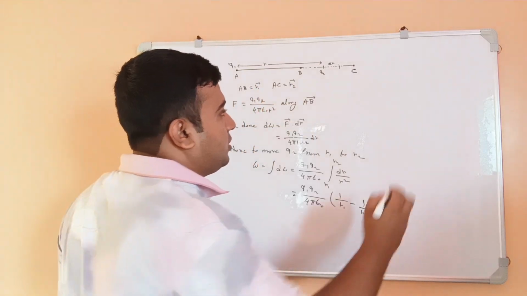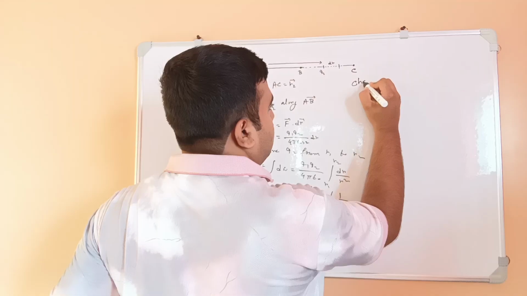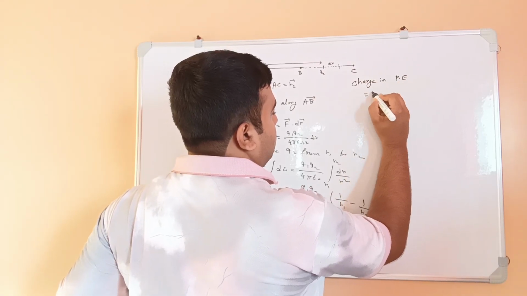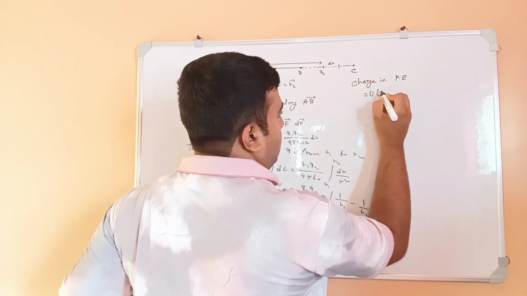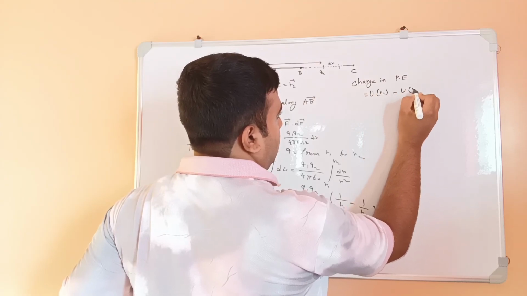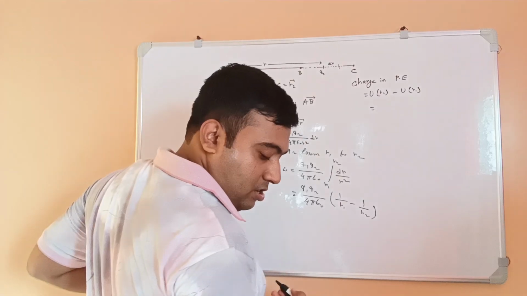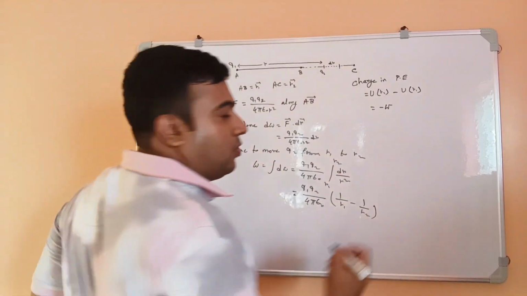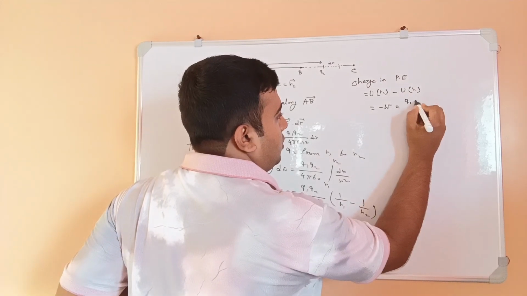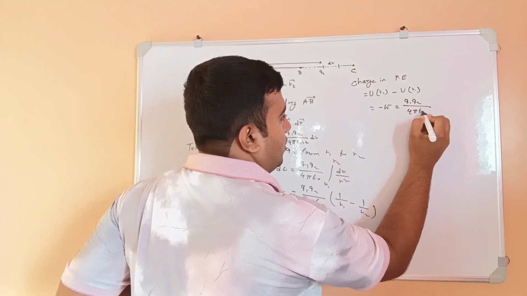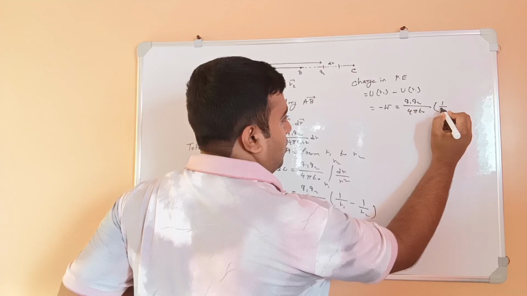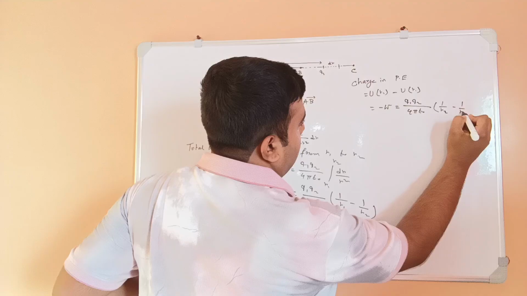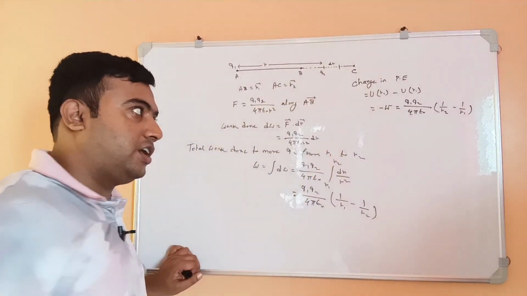So the change in potential energy is U R2 minus U R1, that is equal to the negative of the work done, that is Q1 Q2 by 4 pi epsilon naught into 1 by R2 minus 1 by R1. So negative of this.